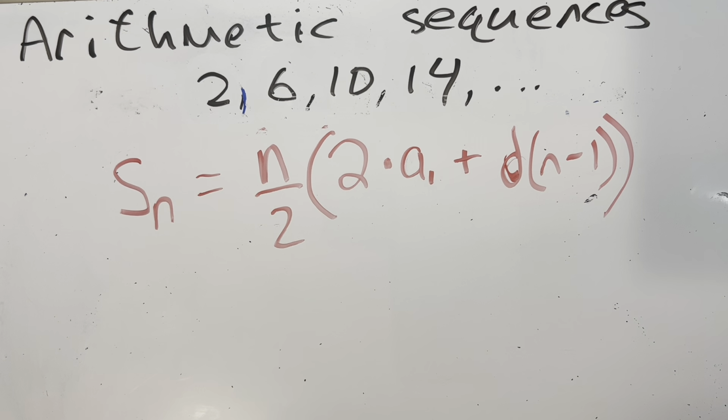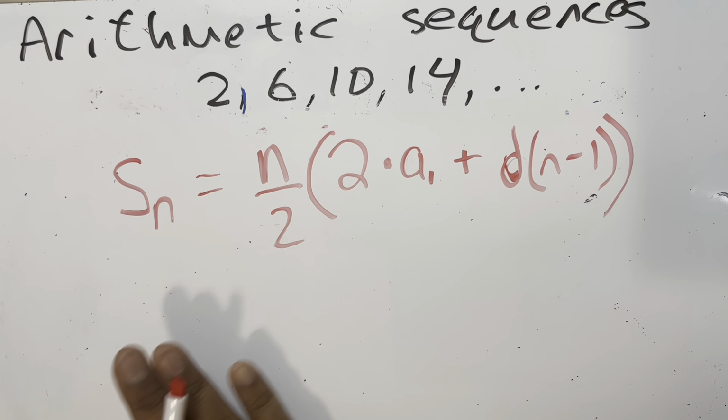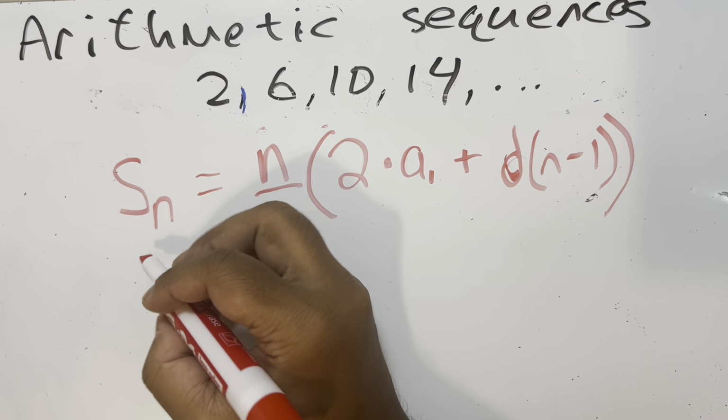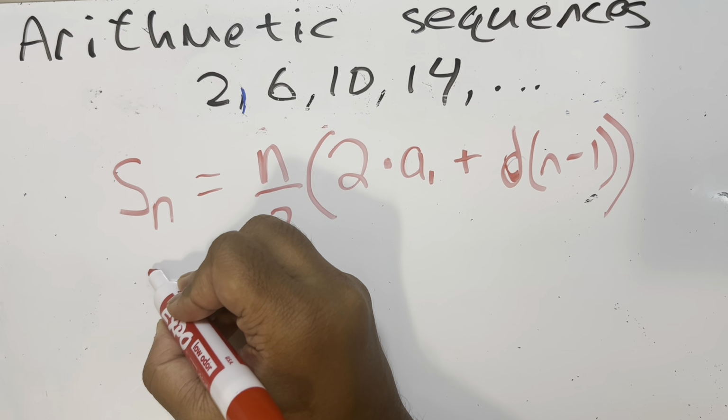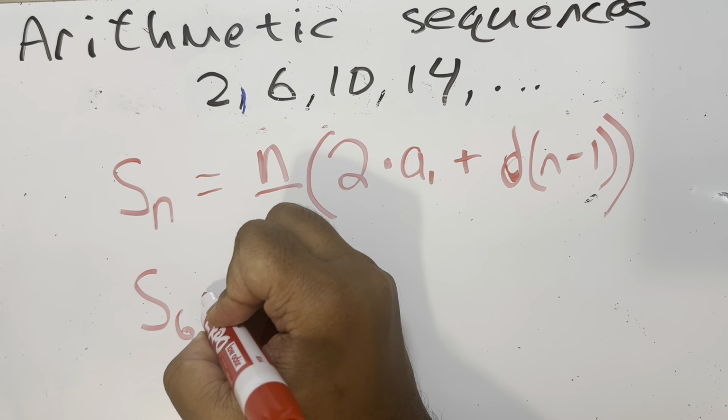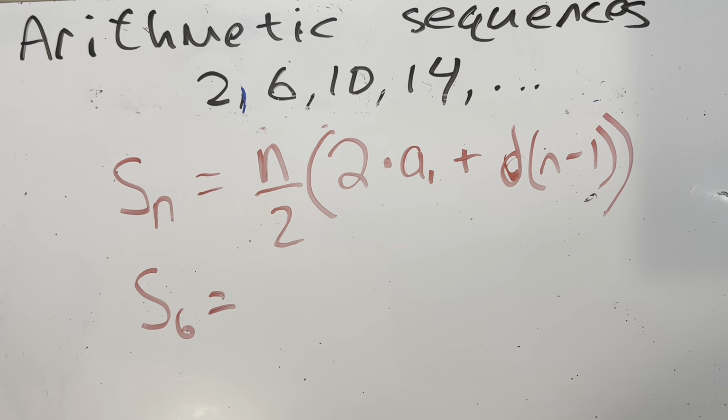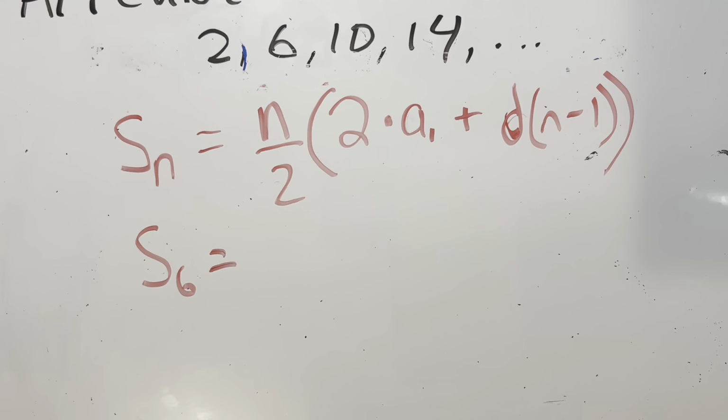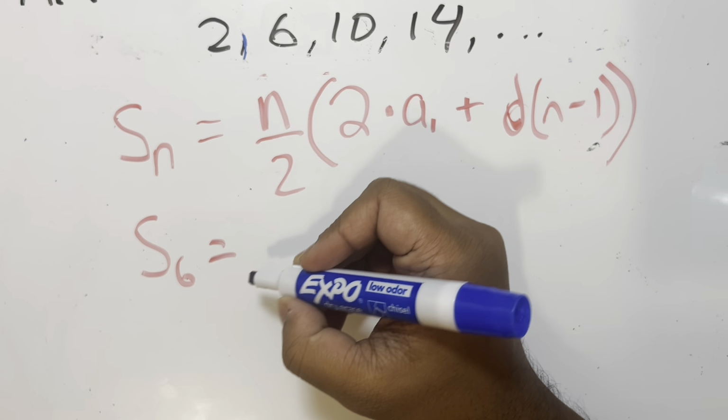All right, so how can we do this? All we have to do is plug in the values, right? So let's find the sum of the first 6 terms, s of 6, for our example right here. All I'm gonna do is just replace the values that I have. Over here, it says n over 2.